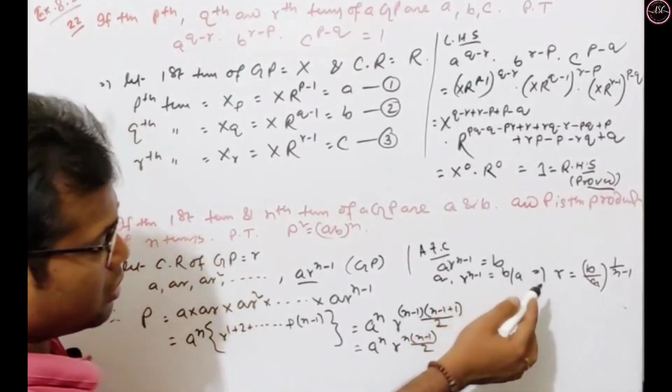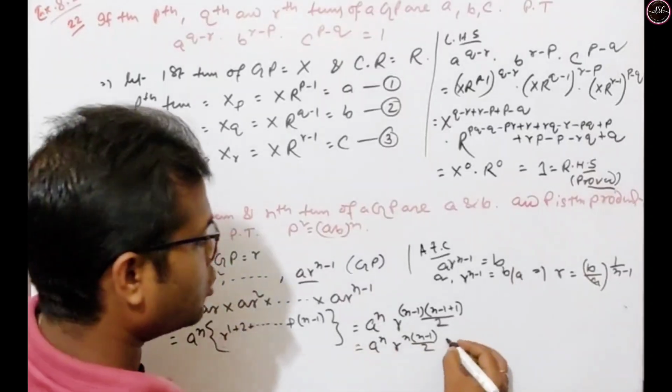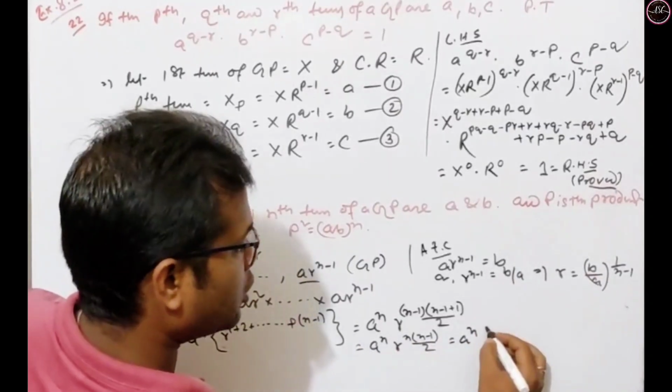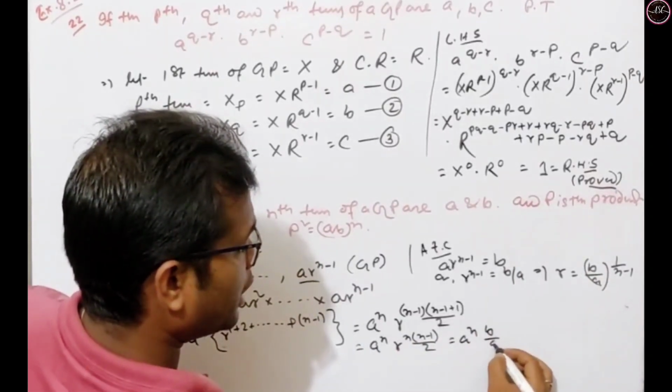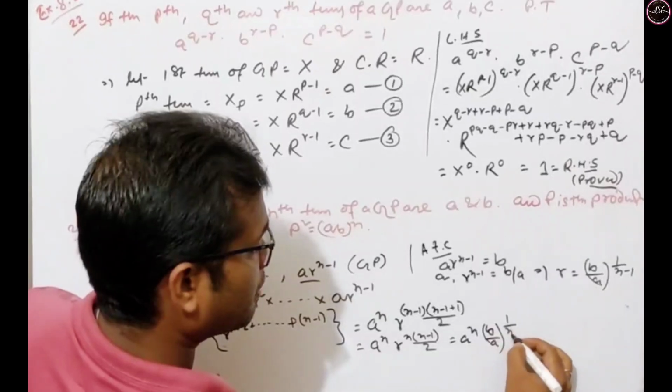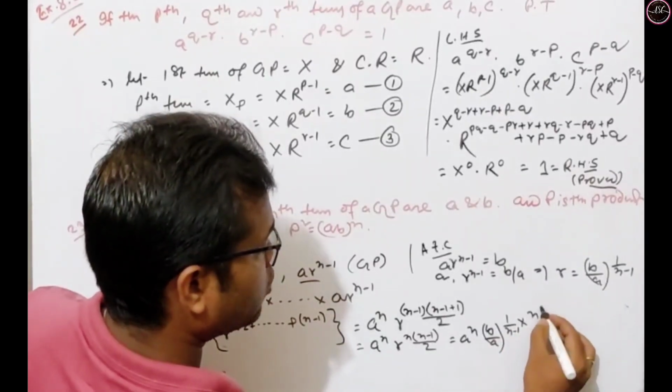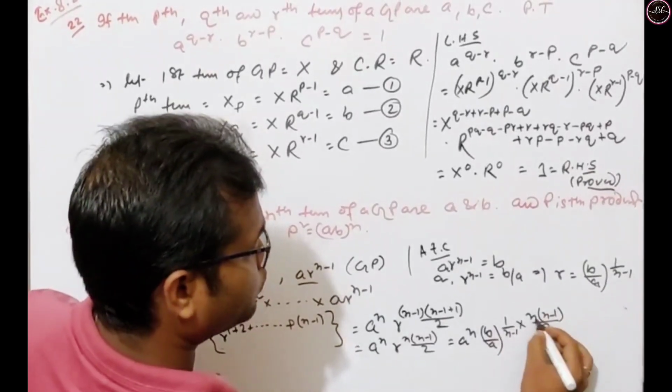Here we just put the value of R. So we get A to the power n, (B by A) to the power 1 by n minus 1, all to the power n into n minus 1 by 2.